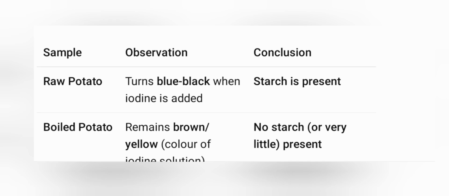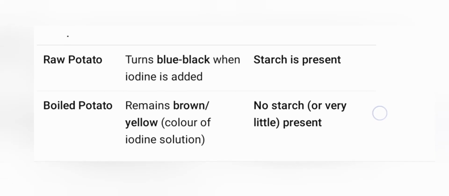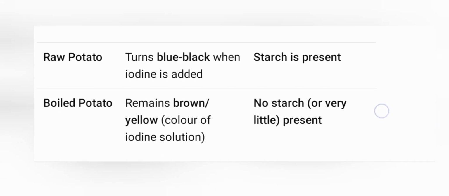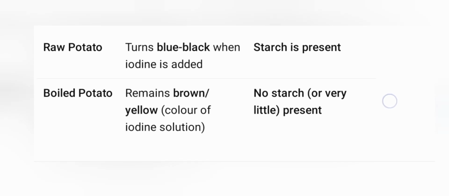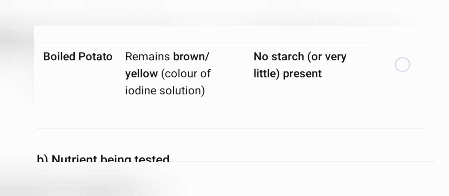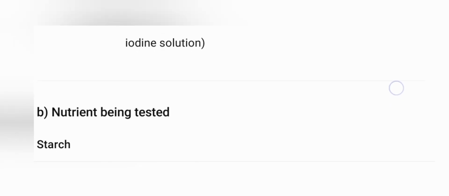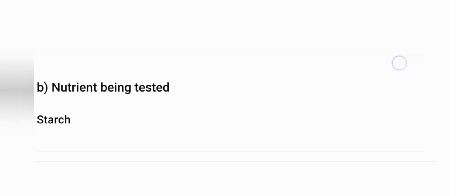Conclusion: starch is present. For boiled potato, it remains the brown or yellow color of the iodine solution. So the color of the iodine solution remains the same. No starch or very little present. No starch, because already the cells have been denatured during cooking.